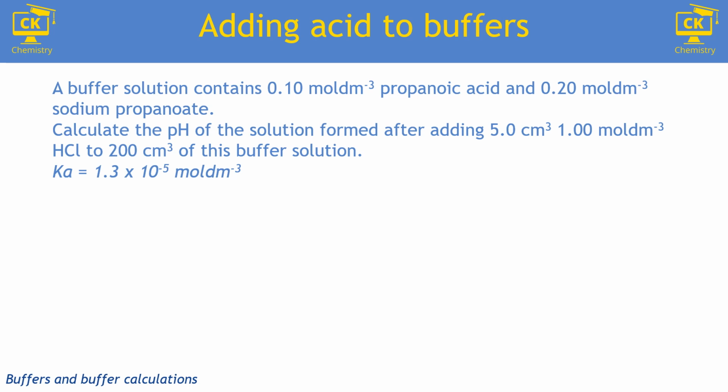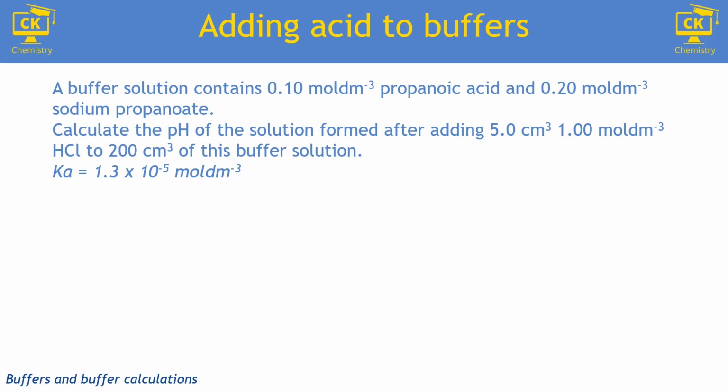So we have the buffer solution already, so we're given the concentrations of propanoic acid and sodium propanoate, and this time we have to calculate the pH after adding a small amount, so 5 centimeter cubed of 1 mole per dm cubed HCl, and we also have a volume of the whole buffer solution. So that 200 centimeter cubed contains already the propanoic acid HA and sodium propanoate A minus. Then we add acid to it.